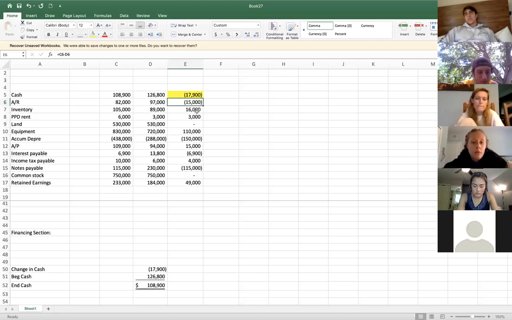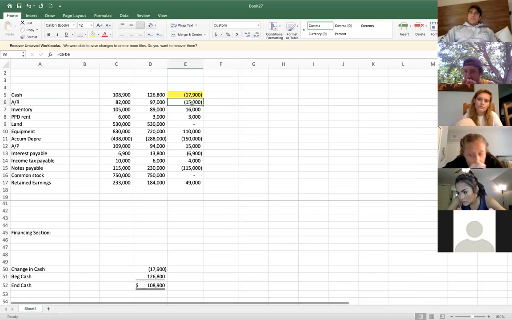So now the next thing that I have is the change in accounts receivable. And what did accounts receivable do? Did it go up or did it go down? Did accounts receivable increase or decrease? Increase. Come on, man.